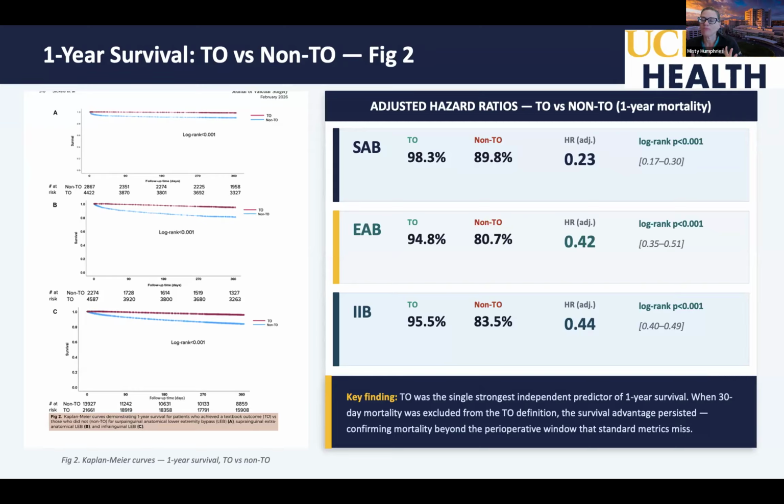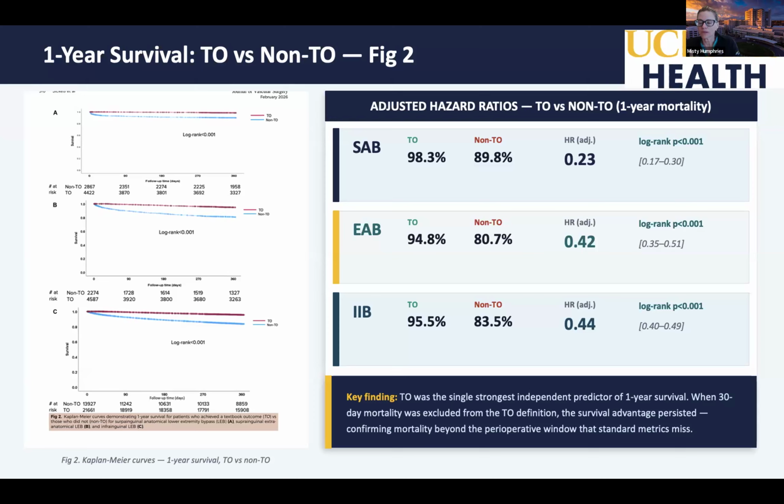But when you met the 5 criteria for a textbook outcome, you had improved 1-year survival. And I think in some ways that's what we already know, because patients who are healthier with lower comorbidities, who are ambulatory, have better outcomes. It's just displayed here using this composite endpoint.